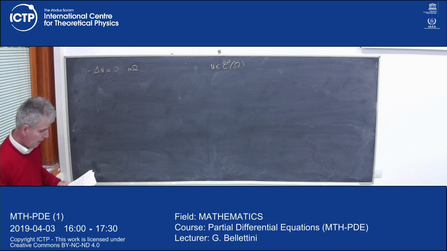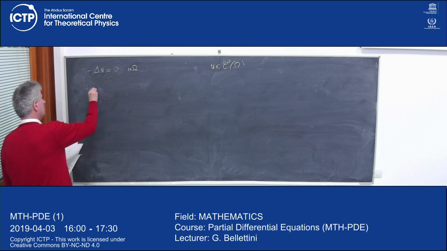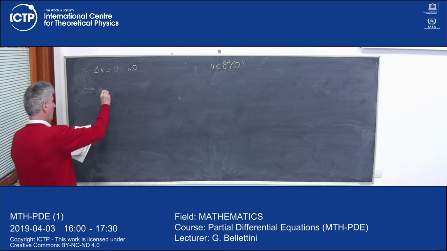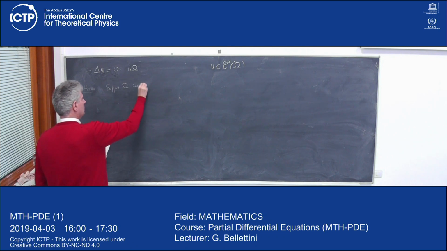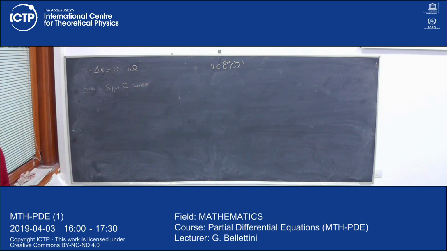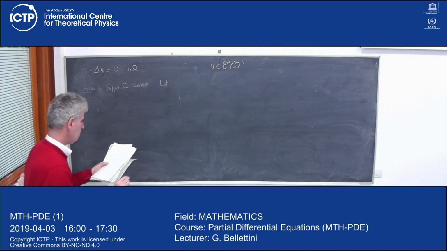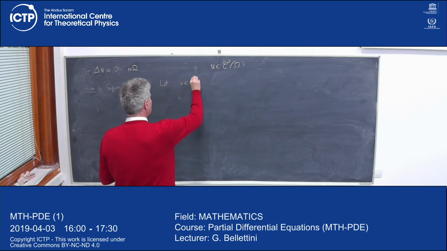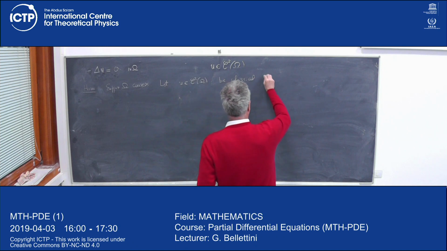Now let me give you some exercise for home. Suppose that omega is convex, a convex open set in R^n. Everybody knows what it is, right? Let U be classically harmonic.